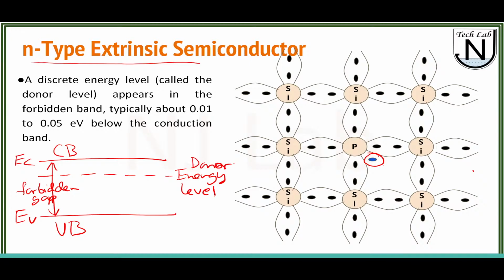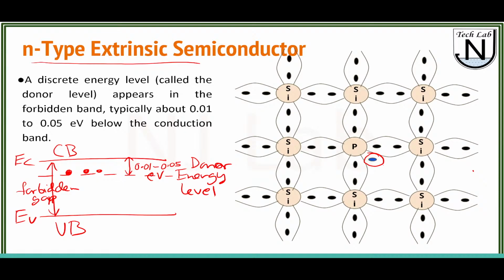Because it is due to the presence of donor impurity atoms, right? And all these free electrons will lie on this energy level, and the distance of this from the conduction band is just 0.01 to 0.05 electron volt.